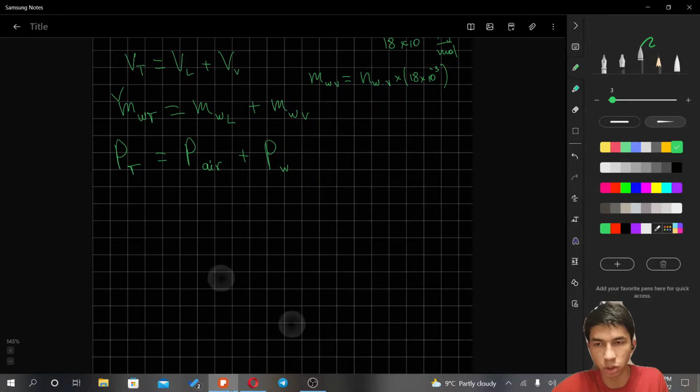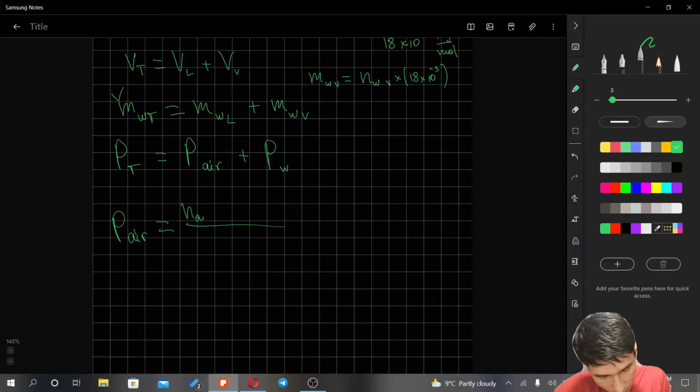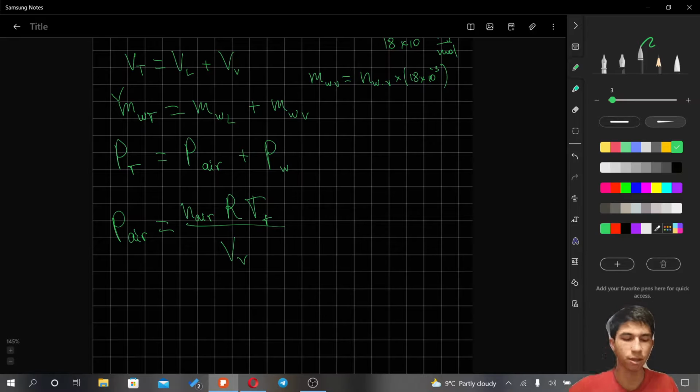So P air would equal N air R T, where our temperature would be the final, divided by V vapor as it's in the vapor state. And so this is the pressure of the air.